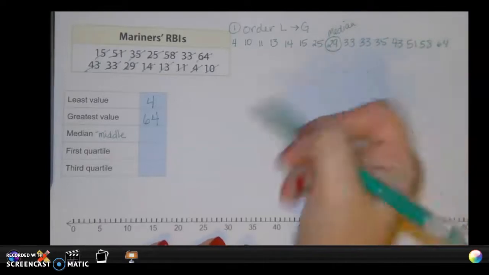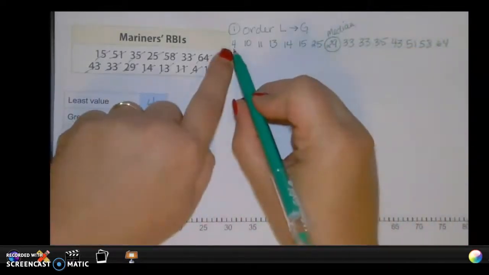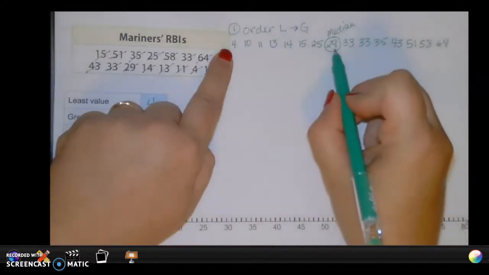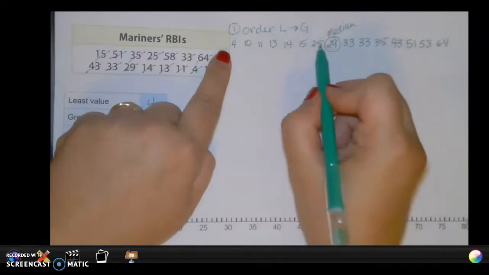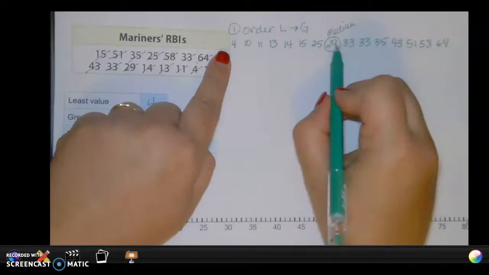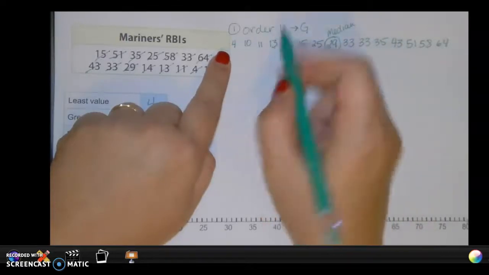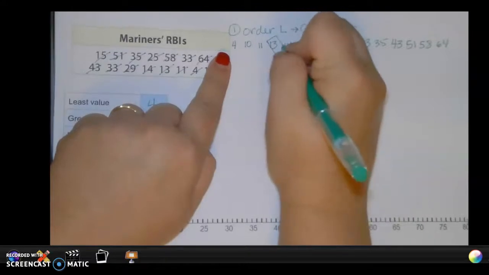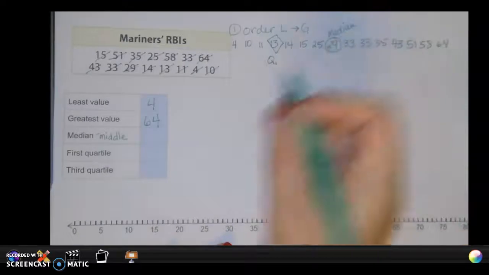For my first quartile, I'm going to take the numbers from the least amount all the way to the median, and find the middle of this section. I have 7 numbers, so I need the 4th number. This is my first quartile, or Q1.